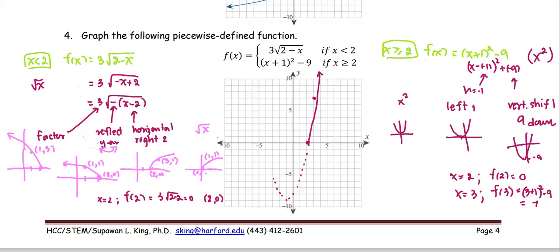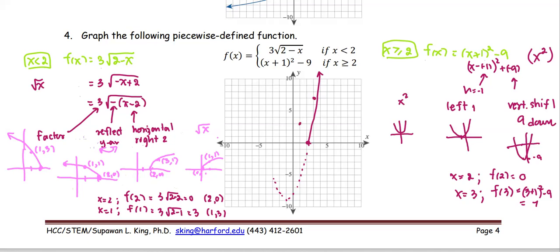It happens to start at the same point there. For x equals 1, let's double check that the value is 3. f of 1 is 3 times the square root of 2 minus 1, which is 3 times 1, or 3. So that's correct. The next one is (1, 3).